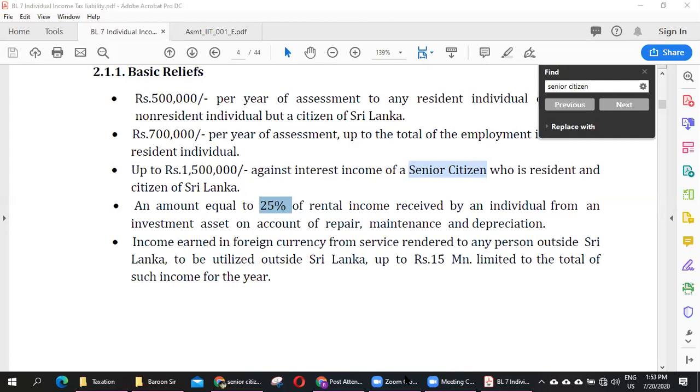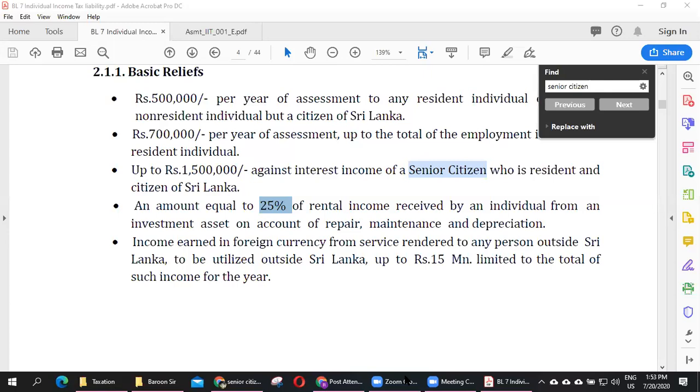Nobody says the answer. You can type your answer in the chat box. Yes, 25,000. Yes, Yogaraja only has responded.